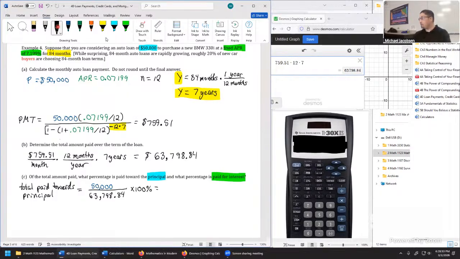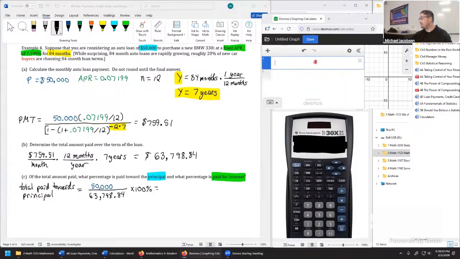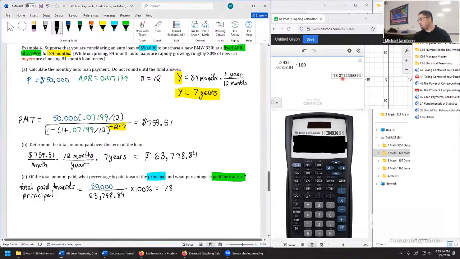Hit times 100 to convert it to a percentage, and here's what we'll get. 50,000 divided by 63,798.84 times 100. And this is a much better picture than the home mortgage problem we just ended on. It would be nice to see this a little bit higher, but 78.4%. Sure, it feels better than about 30%, like in the last problem, towards principal.